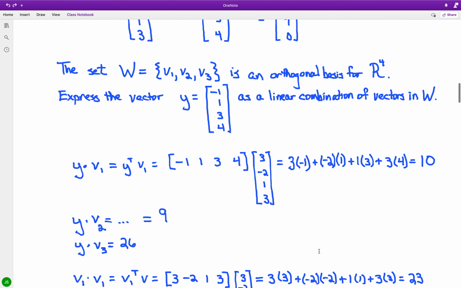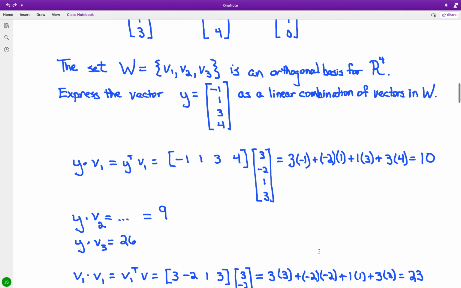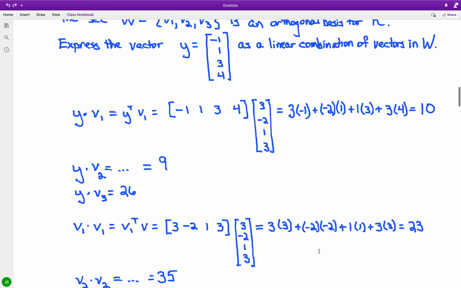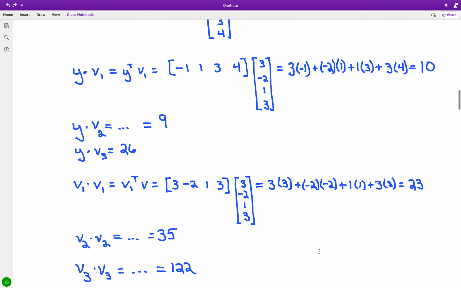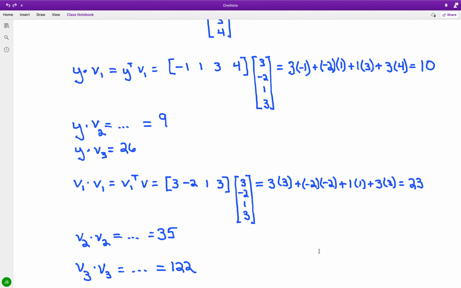Now, in terms of expressing as a linear combination, as we get nearer, we have the dot products of each of the vectors in the subspace with themselves.